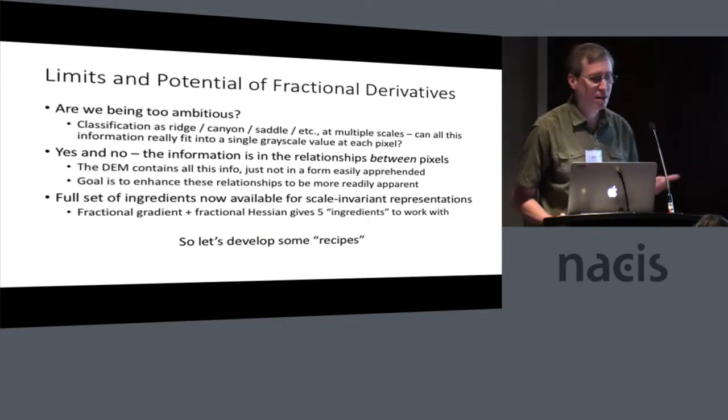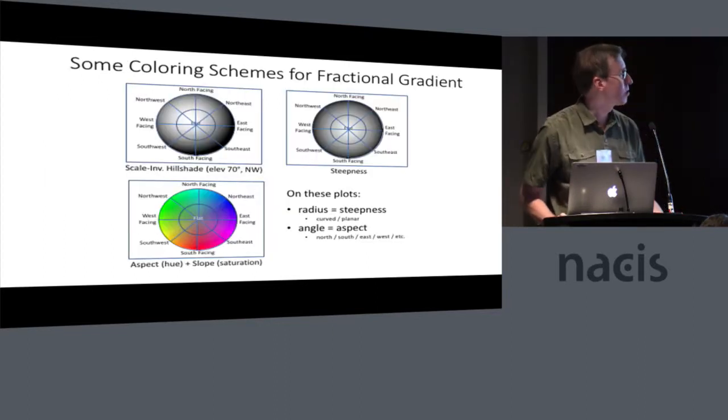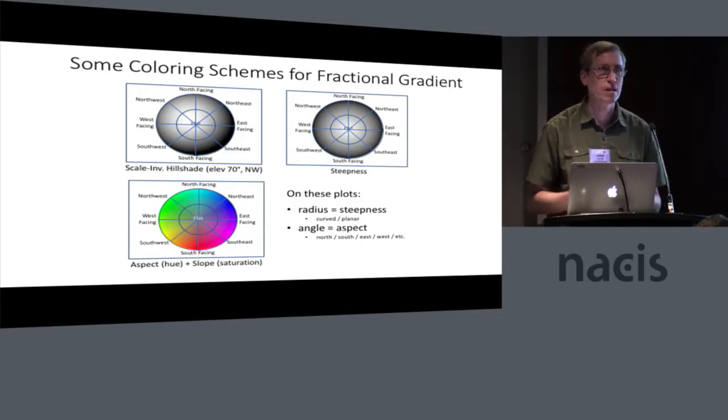So now, having provided the two fractional gradient components and the three fractional Hessian components, we have a set of ingredients, I'll call them, that we can put together in a myriad of ways, all of which can produce scale invariant terrain maps. Before looking at my last set of examples, here's a way of visualizing some ways of coloring the terrain.